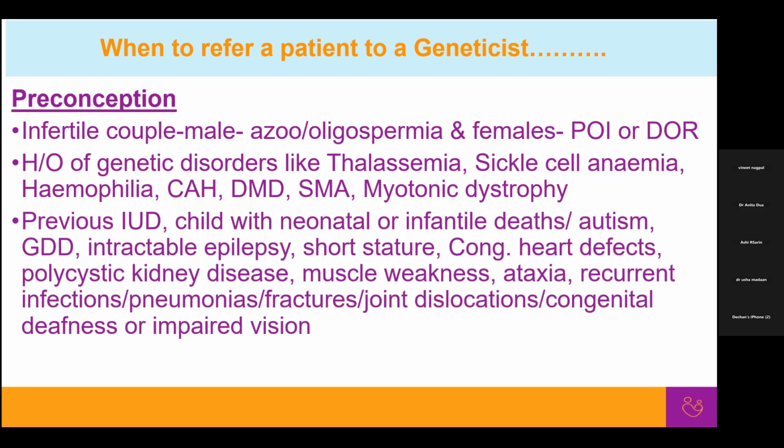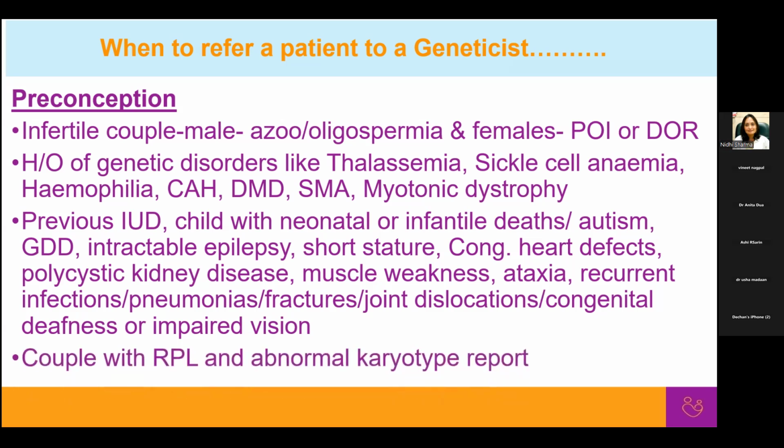Also any history of previous IUD, child with neonatal or infantile deaths, autism, global developmental delay, intractable epilepsy, short stature, congenital heart defects, polycystic kidney disease in the family members or previous children, muscle weakness, ataxia, recurrent infections or decompensation attacks, pneumonias, recurrent fractures, joint dislocation, congenital deafness or impaired vision.